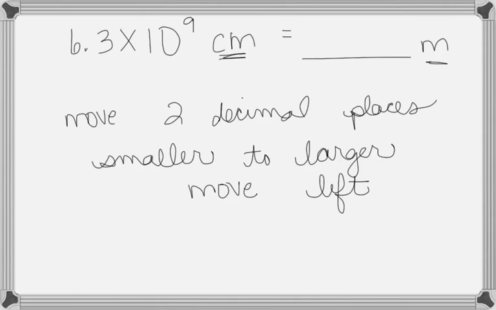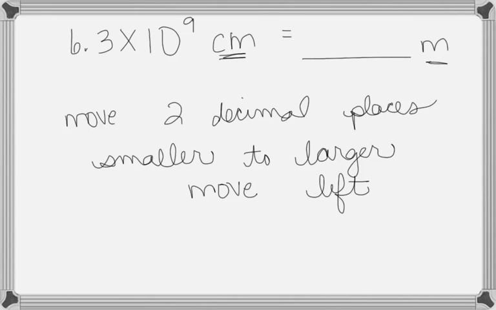But if I look at the number that I'm working with here, 6.3 times 10 to the 9, instead of actually moving this decimal between the 6 and the 3 left, I'm going to show the decimal moving by changing the exponent. I'm going to change the 9. So the 9 has got to change by 2 places. It's either going to become 11 or the 9 is going to become 7. Which one's it going to be?